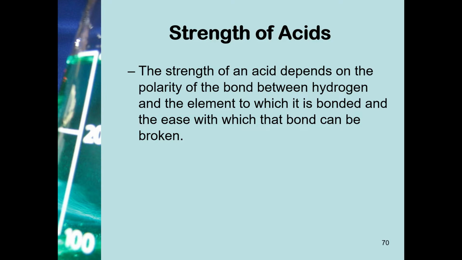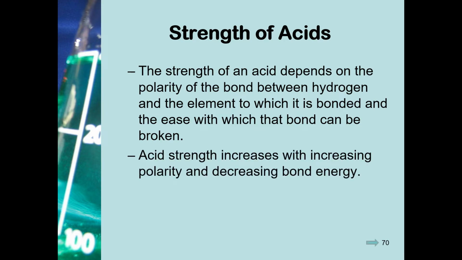The strength of an acid depends on the polarity of the bond between the hydrogen and the element that is bonded to it, and the ease with which that bond is broken. So polarity determines the strength of the acid, and then how easily is that bond broken.